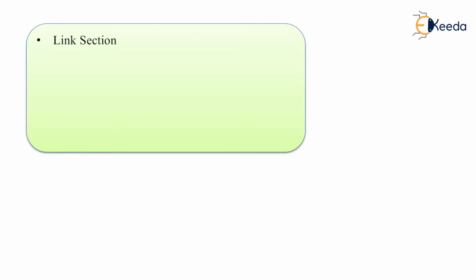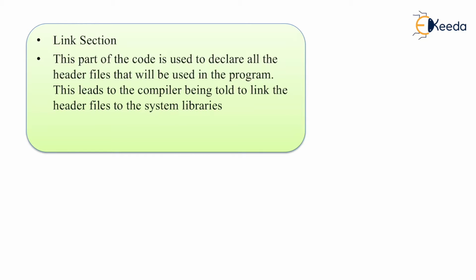Second section is the link section. In the link section, the code is used to declare all the header files that will be used in the program. This leads the compiler to link the header files to the system libraries.